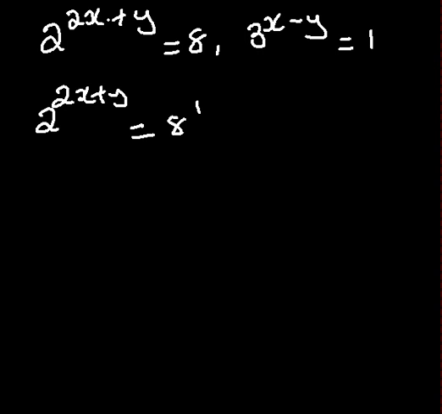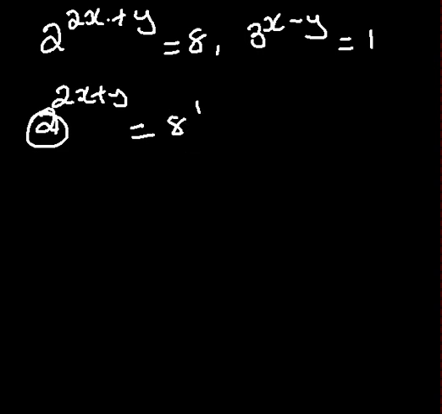So we have an exponent on this side, and also an exponent on that side. Now let's think of their bases. In this case we have the base 2, and here we have the base 8. What is the lowest base between 2 and 8?